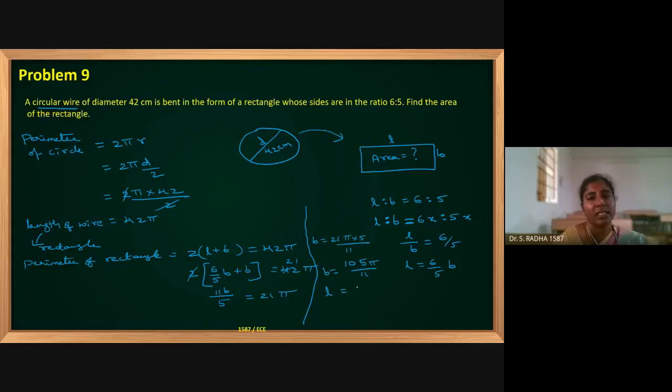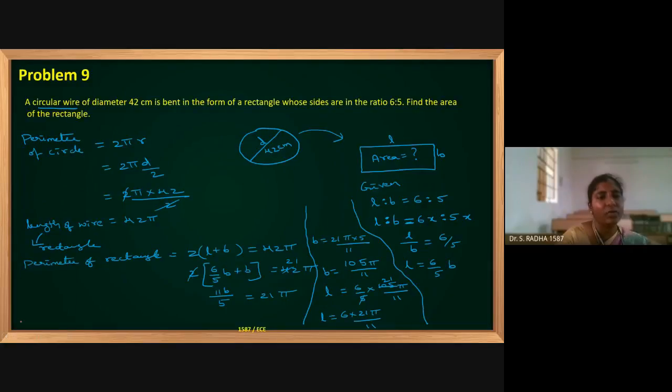Length is nothing but 6 by 5 times b, and the length is nothing but 6 into 21 pi by 11. We have completed finding L and B value.